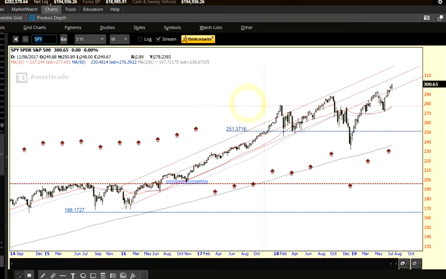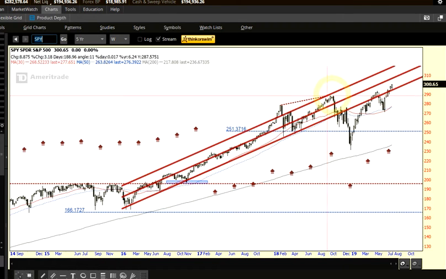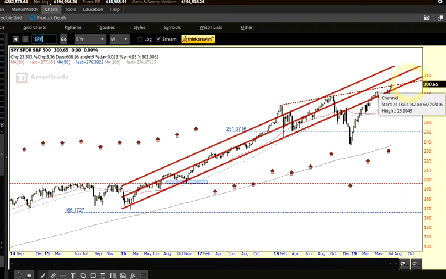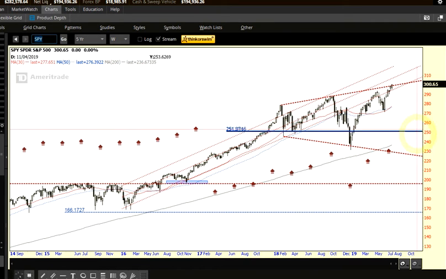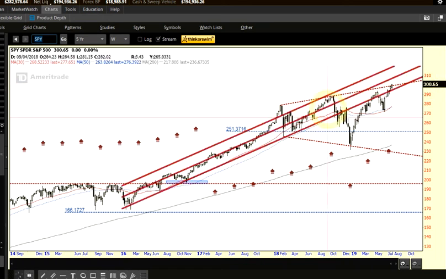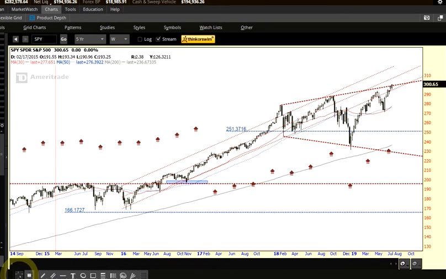No, I don't have it drawn on the SPY. Let's just draw it real quick. So I just want to touch there. See, we're above on the SPY when you plug in these touches. Like so. So anyway, it is what it is.